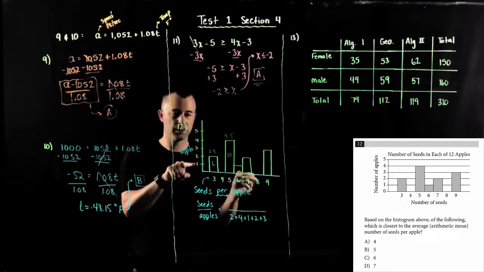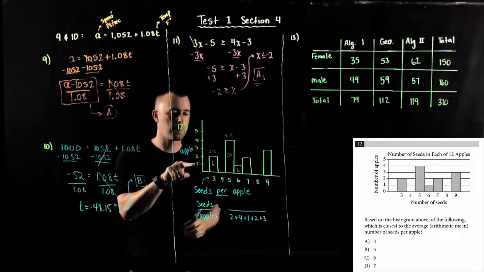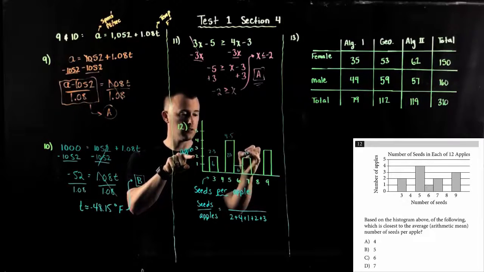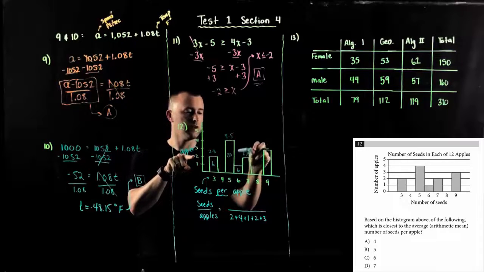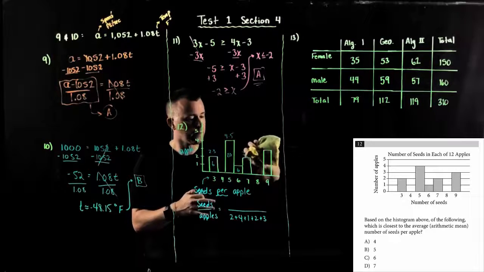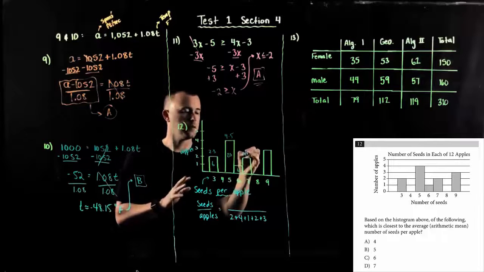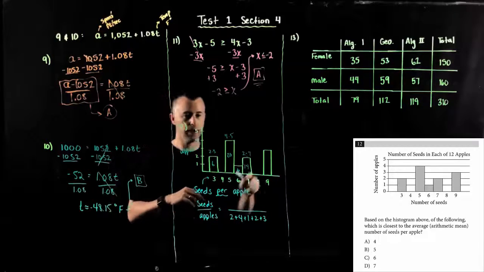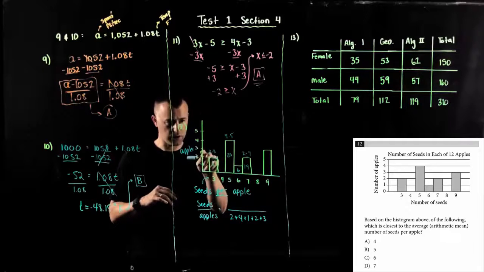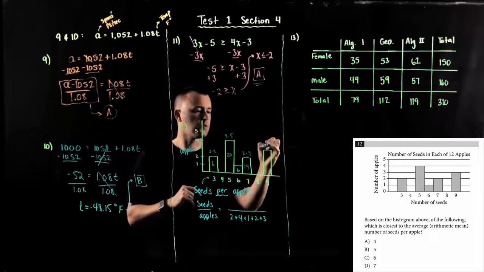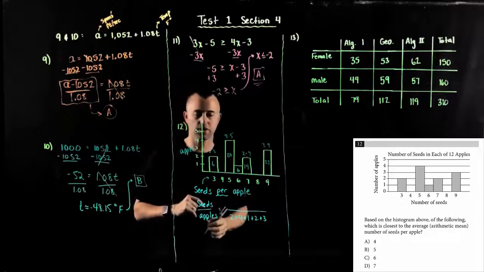Next I have 1 apple with 6 seeds, so that's 6 seeds. Here I have 2 apples with 7 seeds each, forgive me, that looks really bad. So 2 times 7 gives me 14 seeds. And lastly, over here I have 3 seeds with 9 apples, so 3 times 9 gives me 27 seeds.